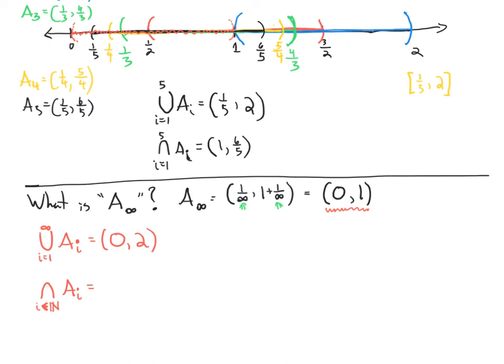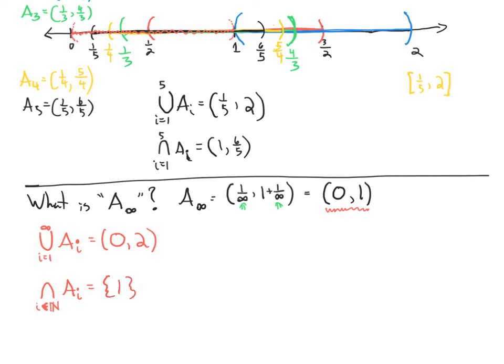So the only element that looks like it could possibly be in our intersection is indeed 1. So the question is, is 1 in our intersection? And the answer is yes. So the final answer for this one is just the number 1.